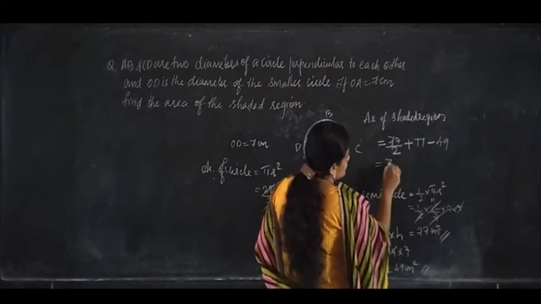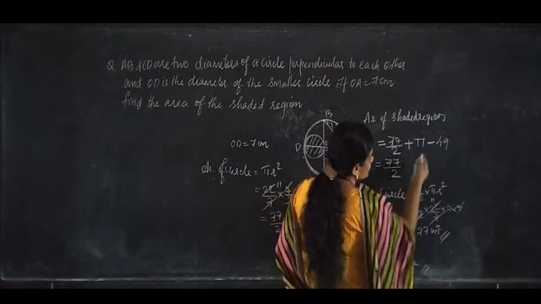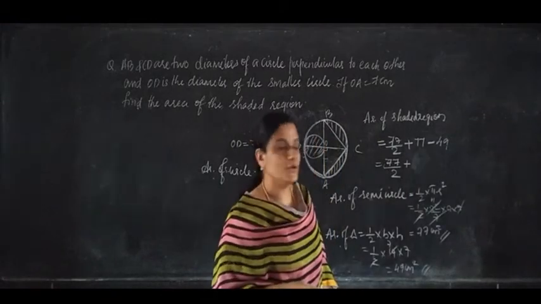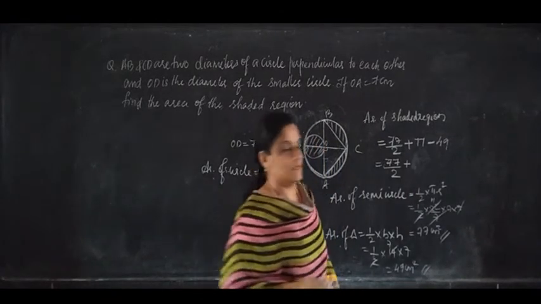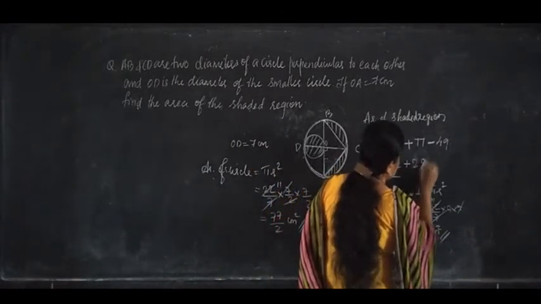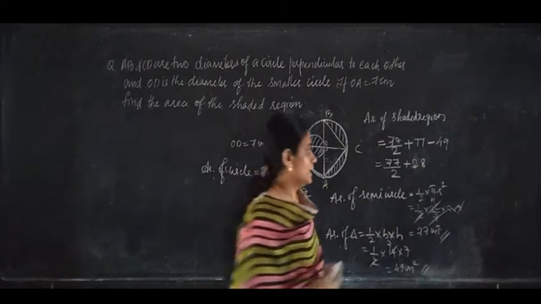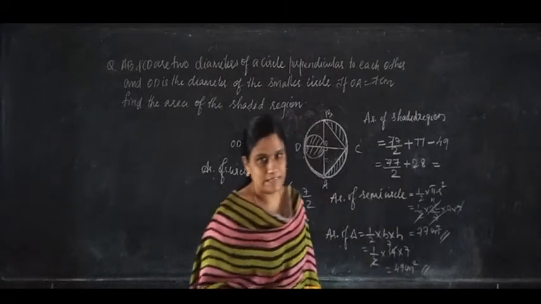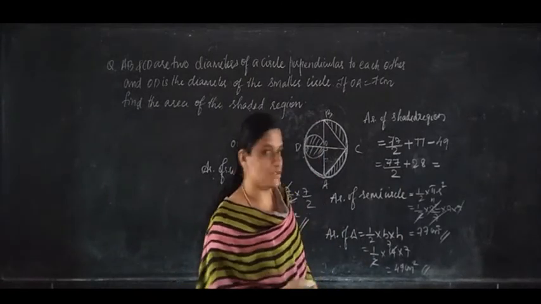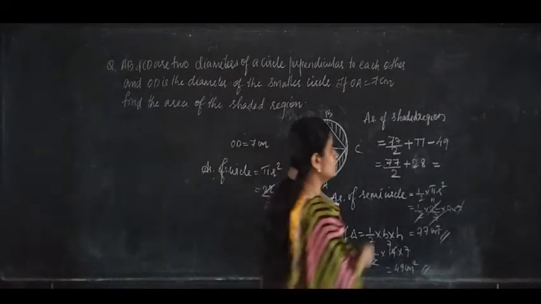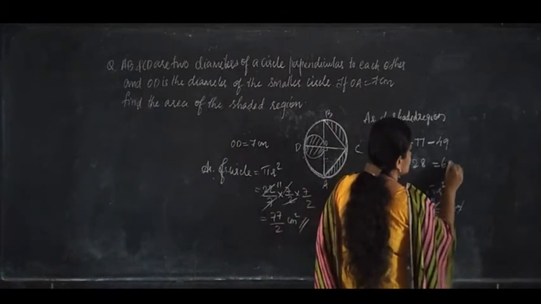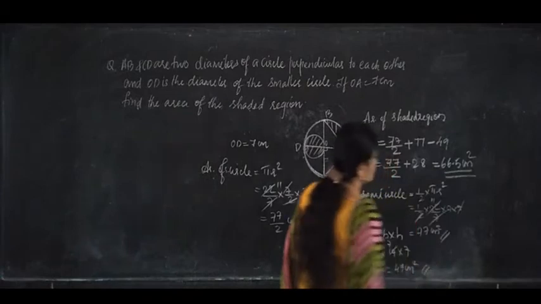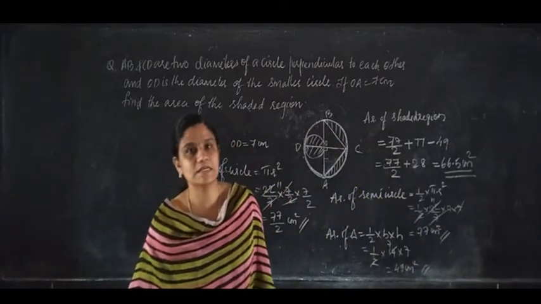So what do we have? 77 by 2 plus 77 minus 49. So what do we get, children? 28. Clear? Now we have to cross multiply or take the LCM. If you take the LCM with 2, you will get the answer as 66.5 centimeters square. The final answer will be 66.5 centimeters square.